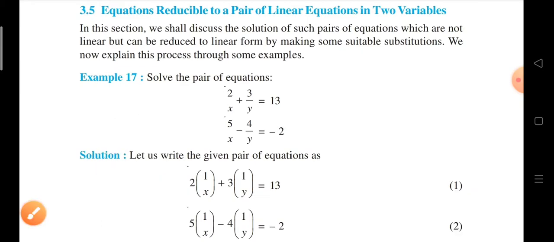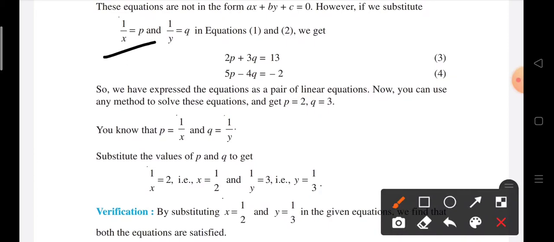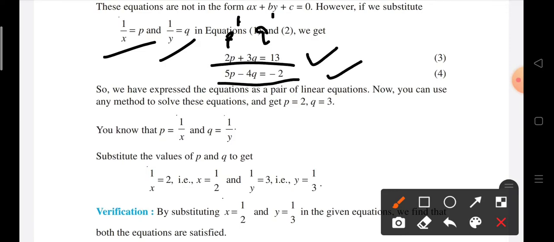So we convert it into a degree of plus 1. We take, let 1 upon x is equal to p and 1 upon y is equal to q. Now you can see that p has a power of 1 and q also has a power of 1. So the degree of this equation is 1. So it is now a linear equation. Similarly, the second one is also now a linear equation. So we name them equations 3 and 4.